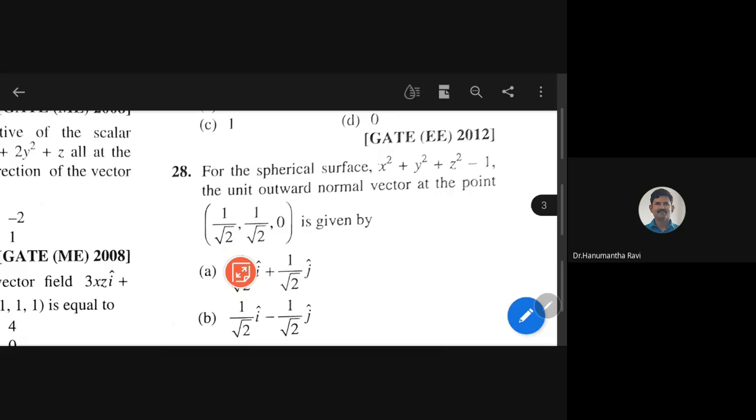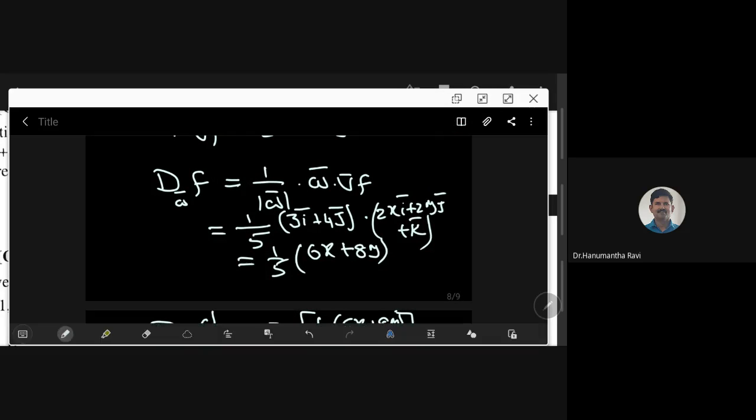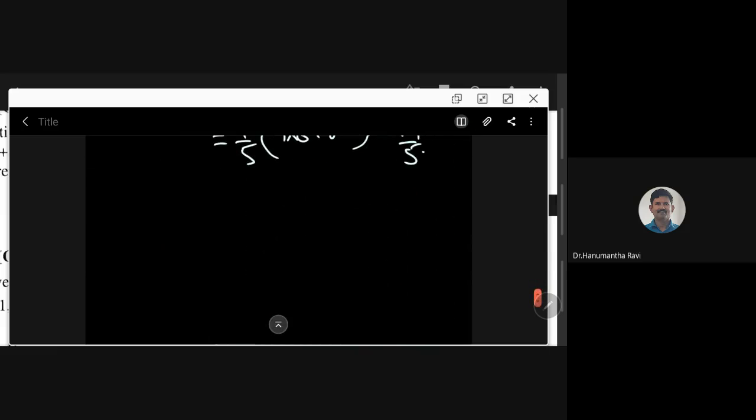See here. For the spherical surface x square plus y square plus z square is equal to 1, the unit outward normal vector at the point. So what is the given surface here? The given surface is a level surface.